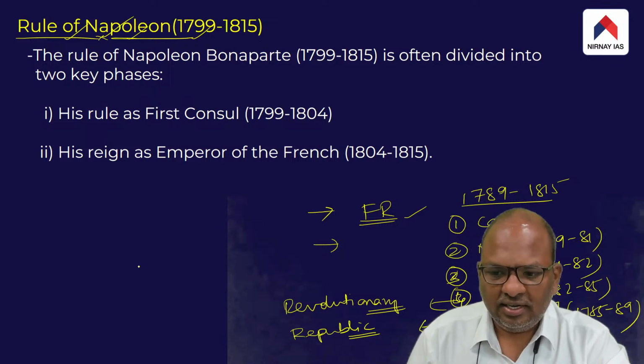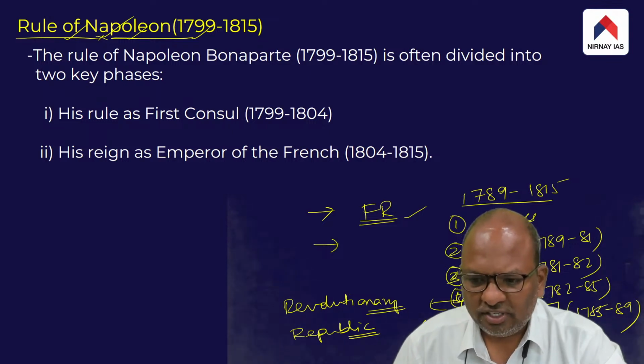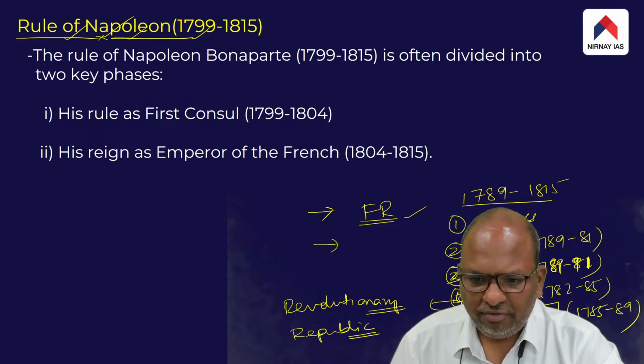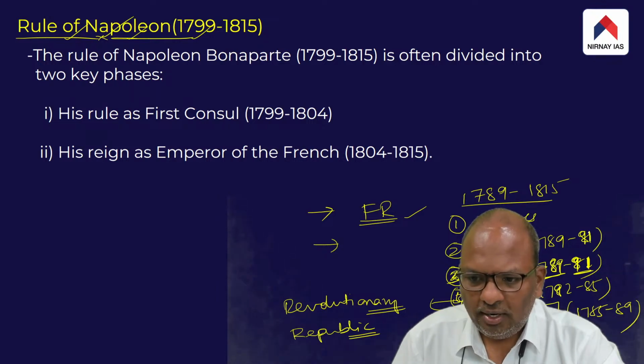I'm extremely sorry, I just messed up some dates here. Let me correct them. The period of the National Constituent Assembly is between 1789 and 91.